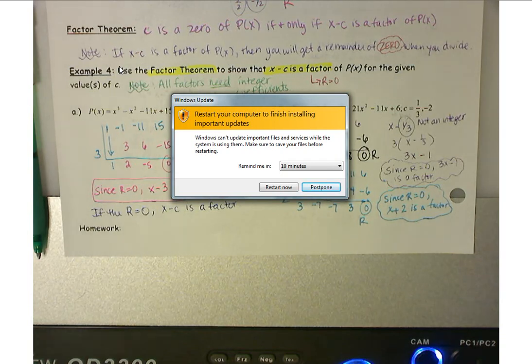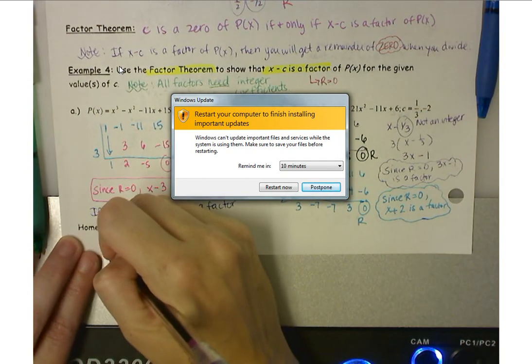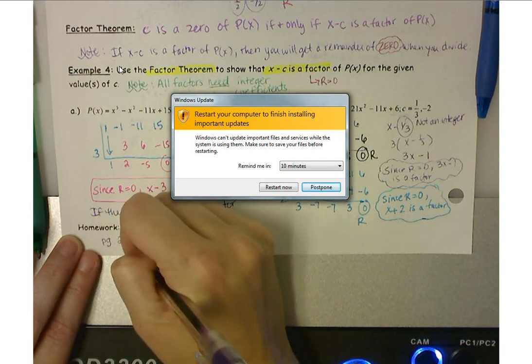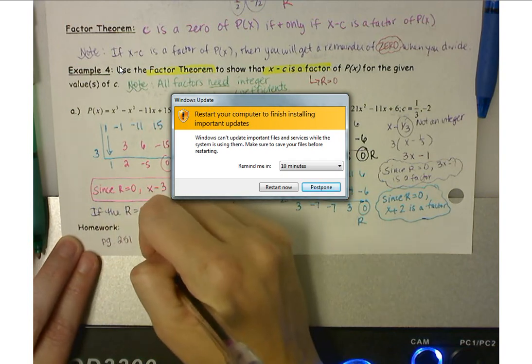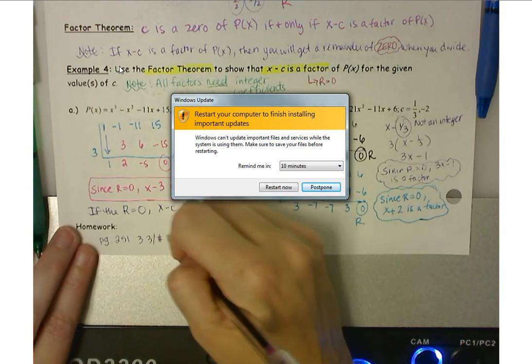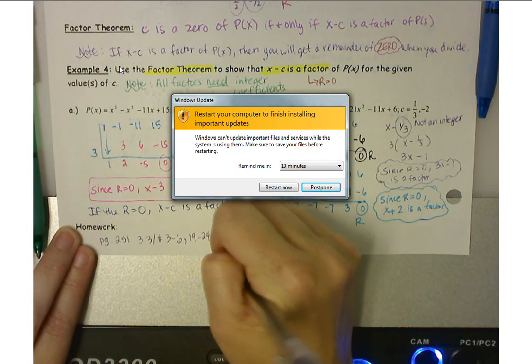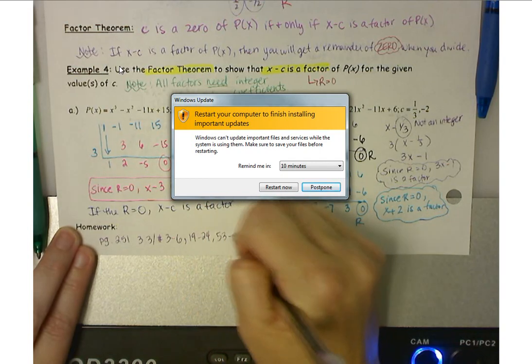For your homework, I want you to write all of your solutions for the long division in alternate form. So for 3.3, you're doing 3 through 6, 19 through 24, 53 through 56.